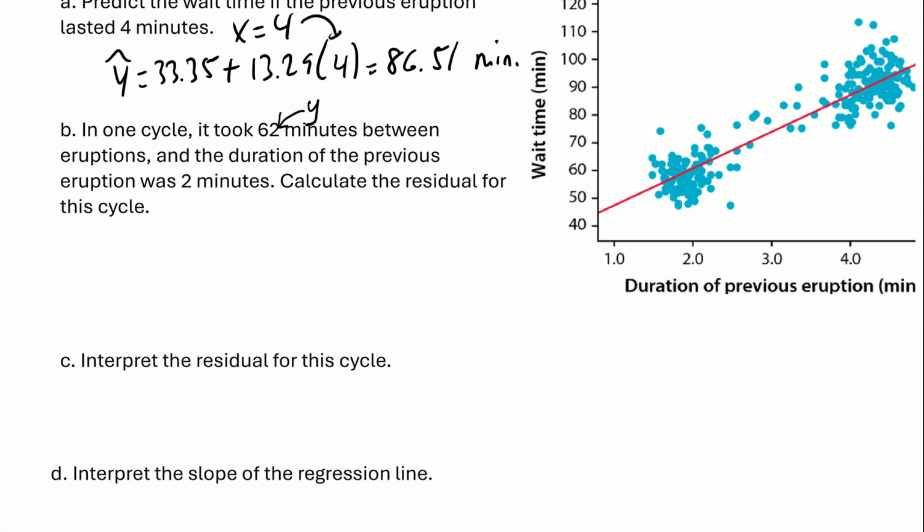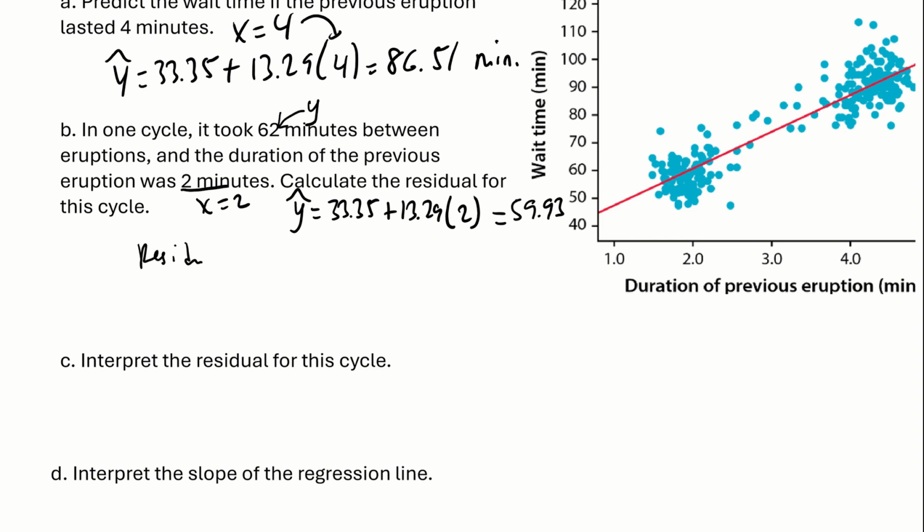And the duration of the previous eruption was 2 minutes, so x equals 2. Calculate the residual for this cycle. y hat equals 33.35 plus 13.29 times 2, which gives us 59.93 minutes. But the actual y was 62 minutes.